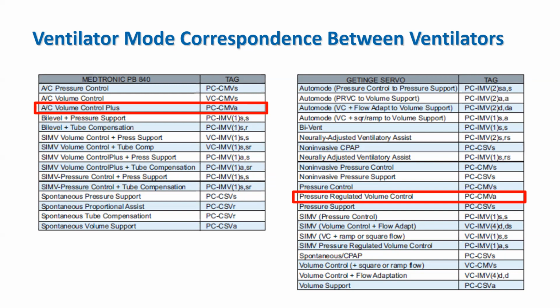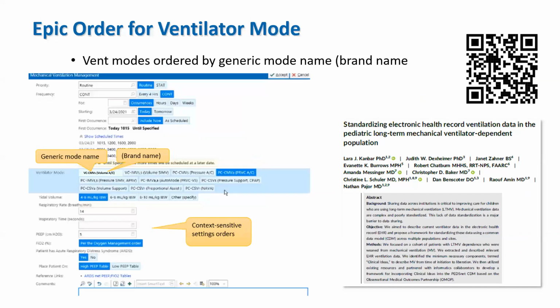Now, if you wanted to get the same mode in a different ventilator that doesn't have that brand name, you just look up the tag, PCCMVA, look to the left, and you see on this ventilator, it's called pressure regulated volume control. And this way you can be assured that these two modes are the same, just where you can be assured that two drugs are the same if they have the same generic name. We have also used the taxonomy for the ventilator order screen in Epic, our patient medical record, so that it is similar to the way drugs are ordered.